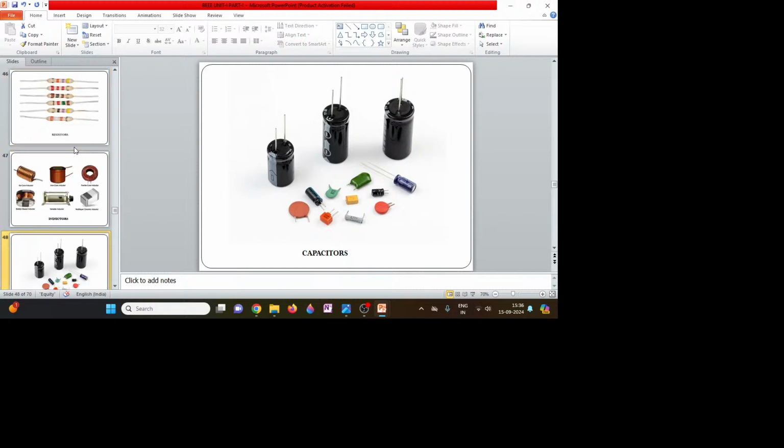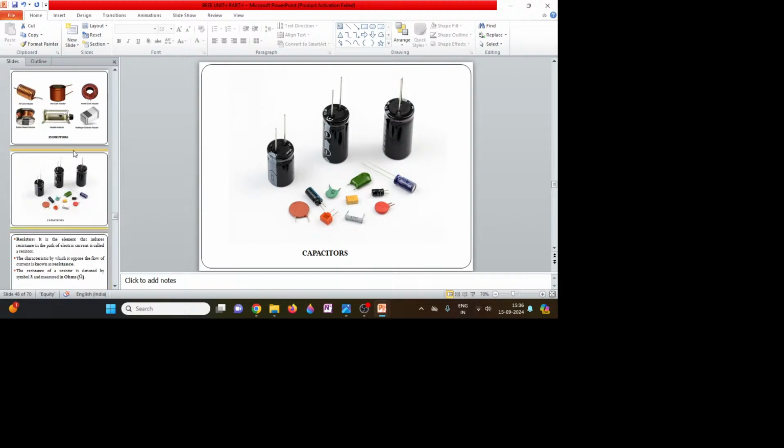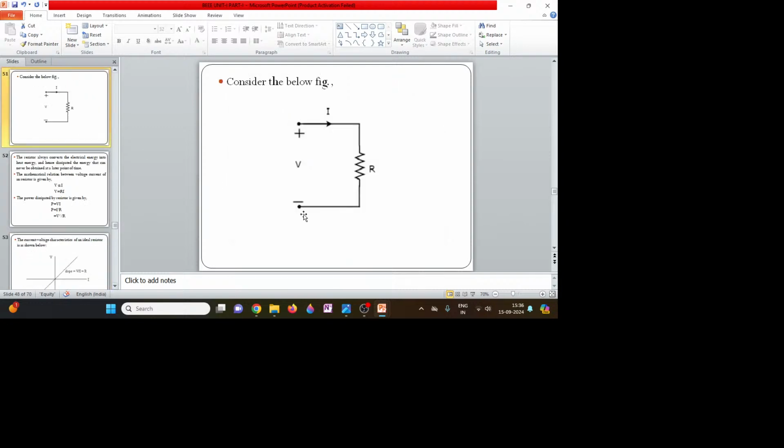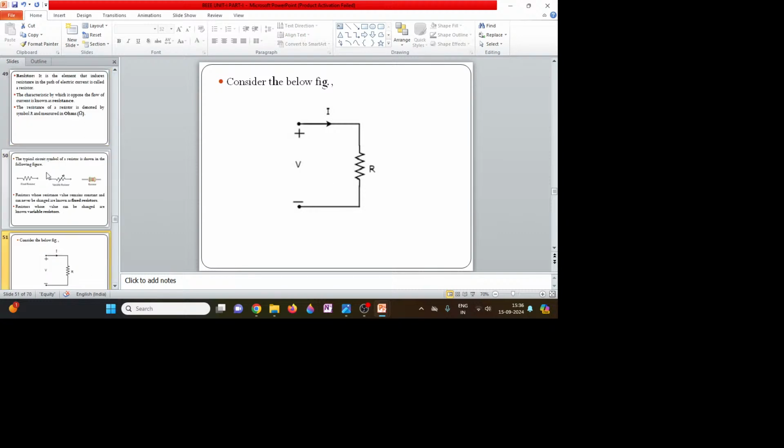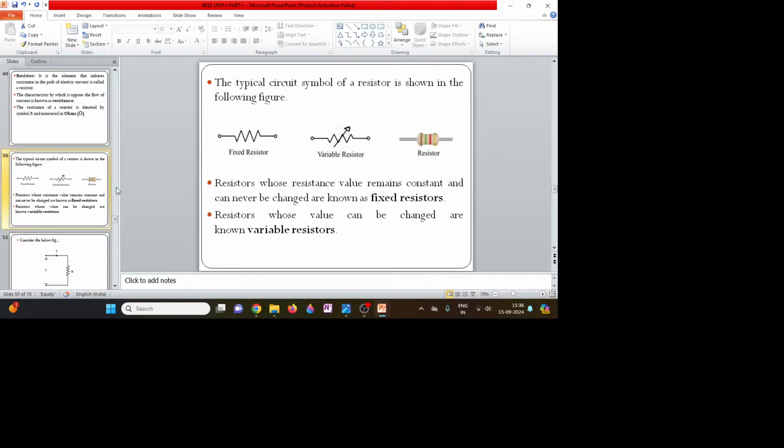So if we start with the resistor, this is the symbol of a resistor. Usually we call a resistor as resistance, but resistance is not the same as resistor.